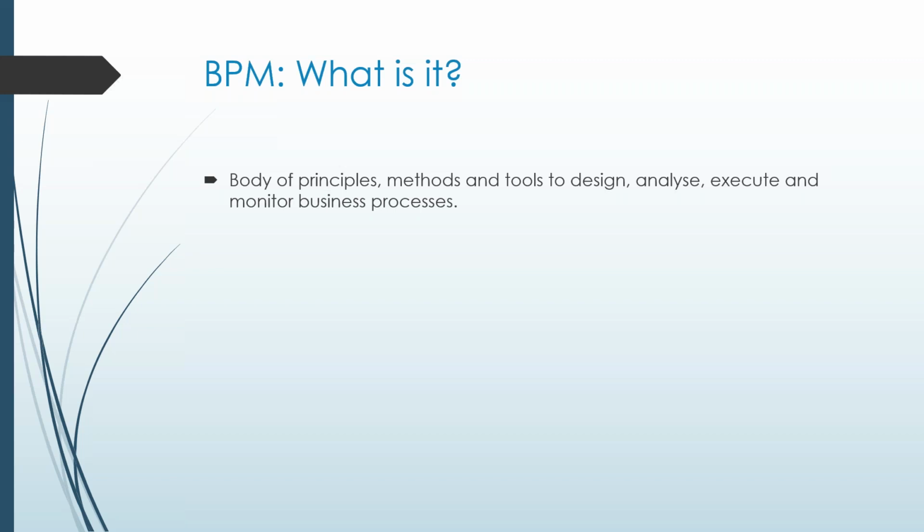So then moving on to business process management now. We have seen what is business process. Let's see what is BPM. For example, if I have to call some language an object-oriented programming language, it should satisfy all the OOP principles or concepts.